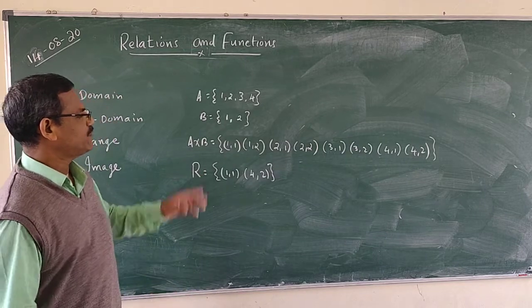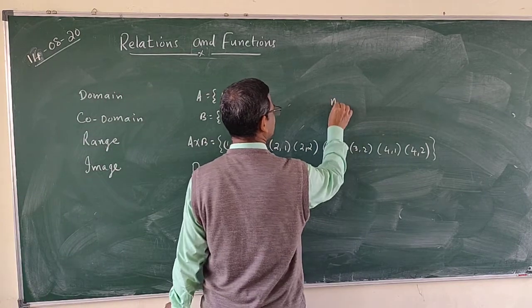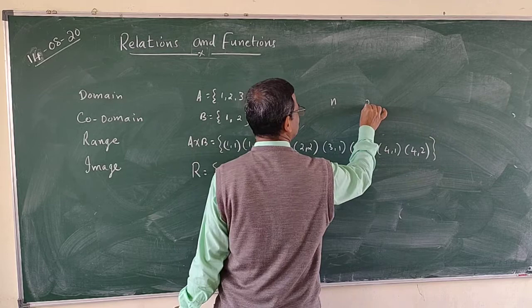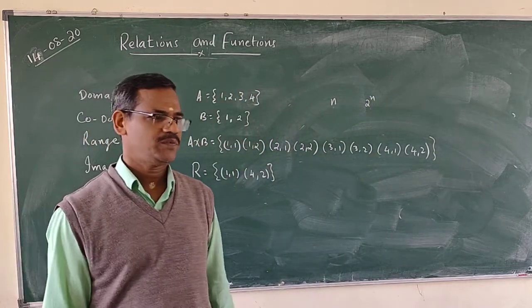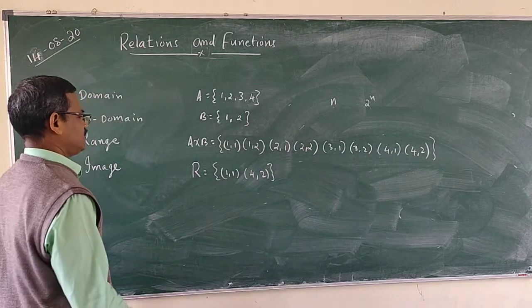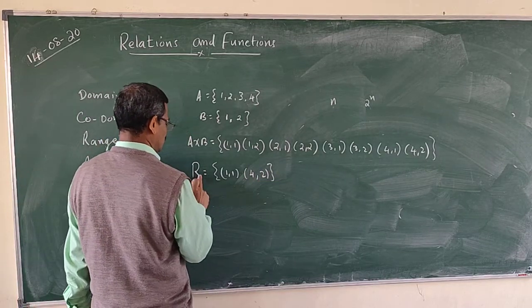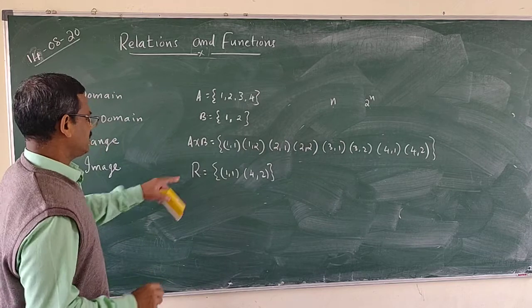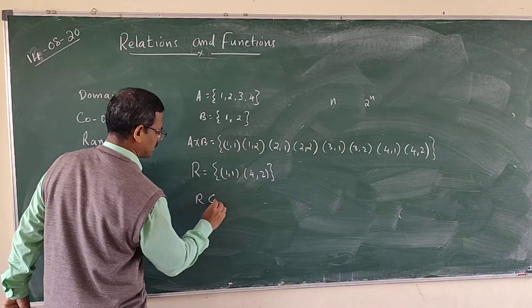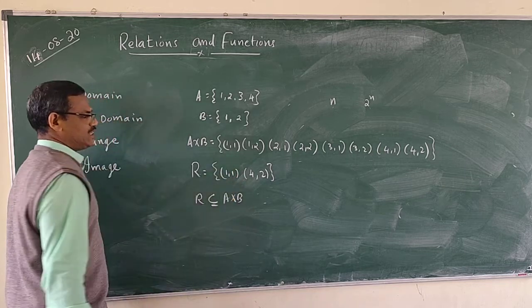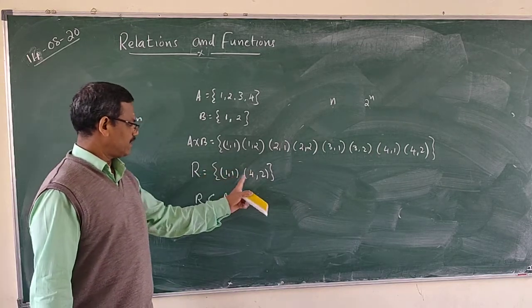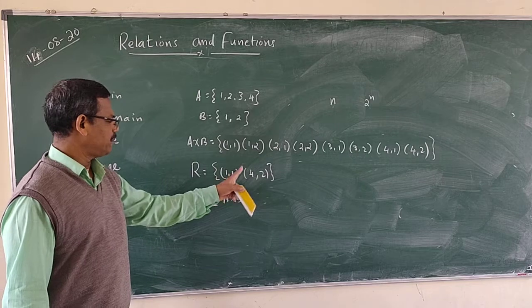You know that if a set has n elements, then the number of subsets which we can form is 2 raised to n. Now, consider this subset. R is a subset of A × B. Just make an observation of the elements of this one.